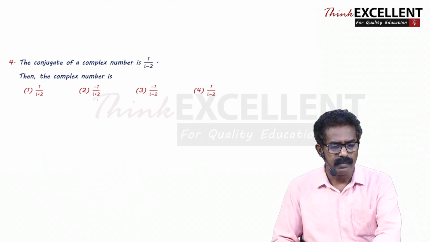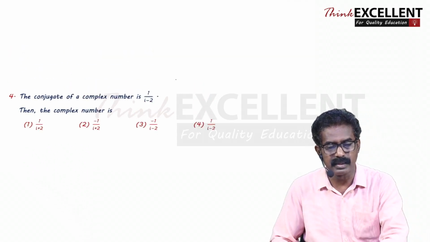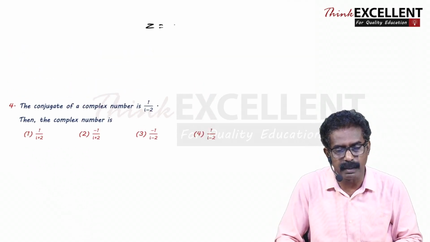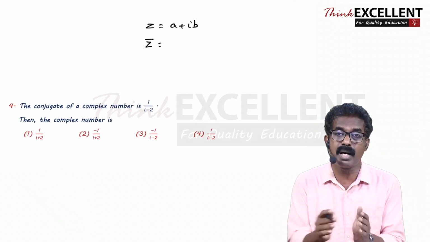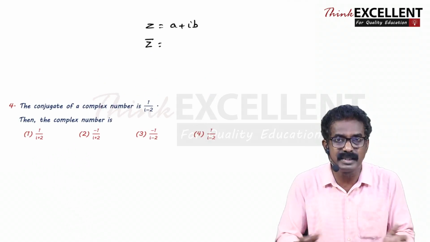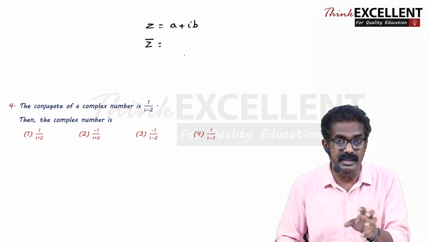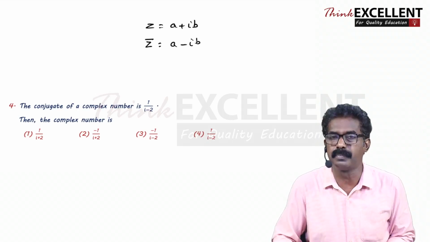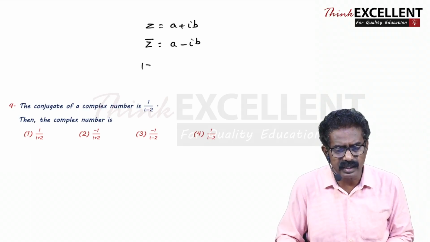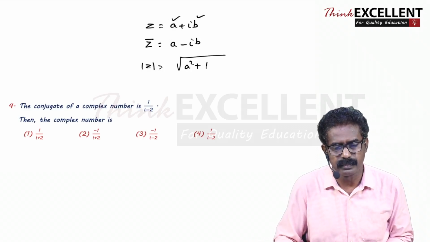Now look at this question. The conjugate of a complex number. Suppose Z is a complex number, a plus ib. Then conjugate Z bar means you change the sign of the imaginary part. For i, you put minus i. So a plus ib, then Z bar is a minus ib. What is modulus of Z? Modulus of Z means root of a square plus b square.